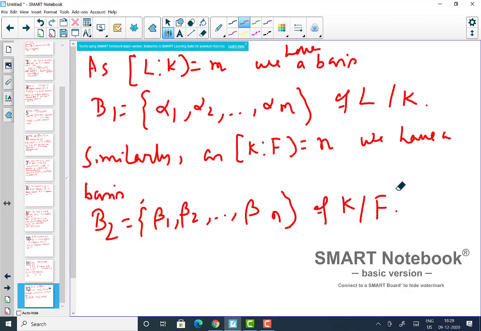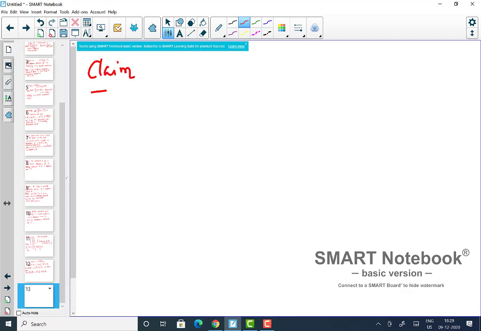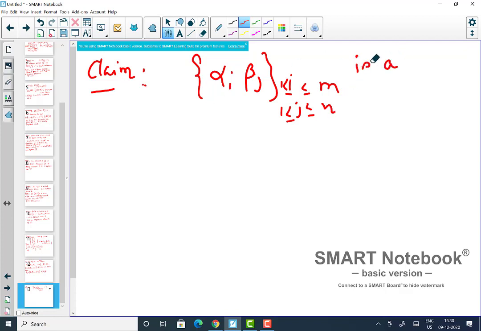Okay, so we have two bases, and now I am claiming that the product alpha_i beta_j, with i equal to 1 to m and j equal to 1 to n, is a basis of L over the base field F. So this is my claim.